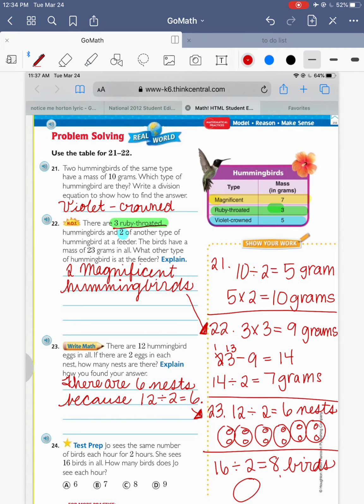Because 16 divided by 2 hours is 1, 2, 3, 4, 5, 6, 7, 8, 9, 10, 11, 12, 13, 14, 15, 16. There's 1, 2, 3, 4, 5, 6, 7, 8 birds in each hour.